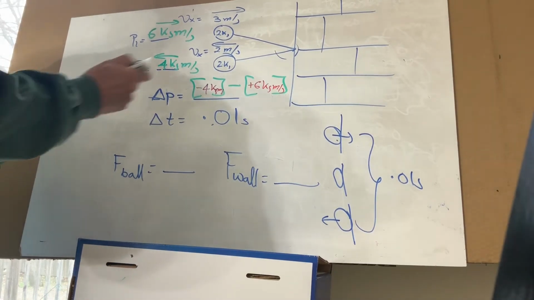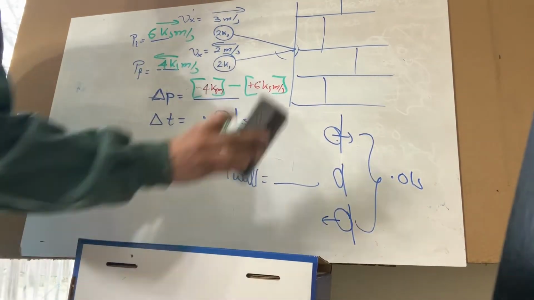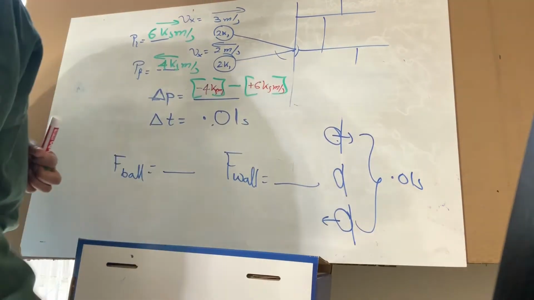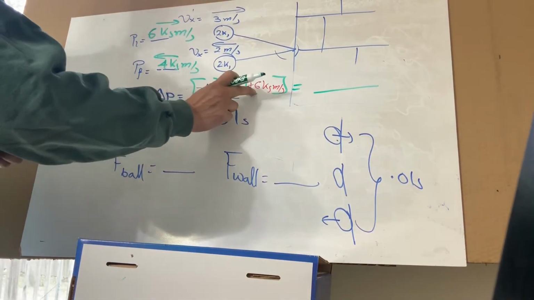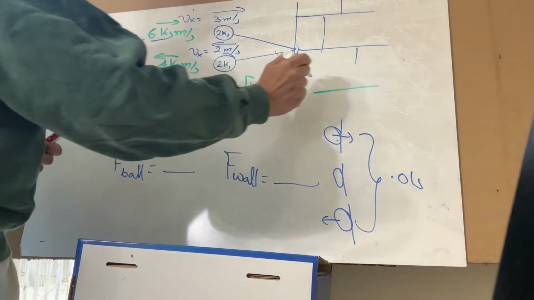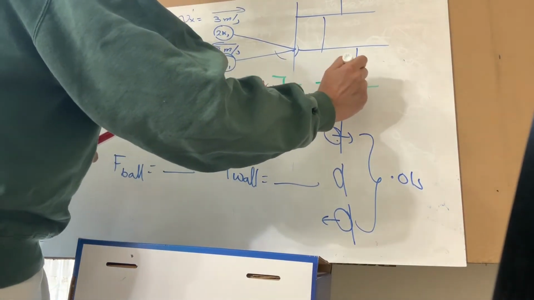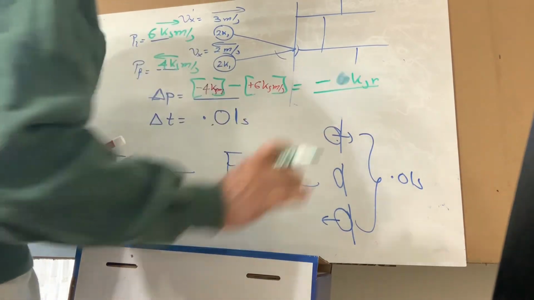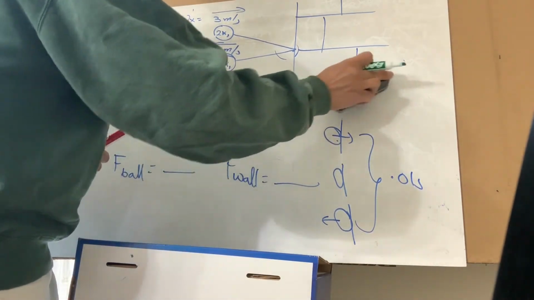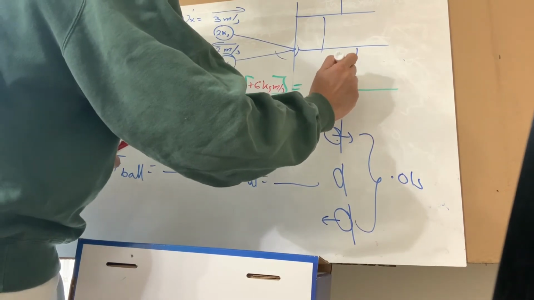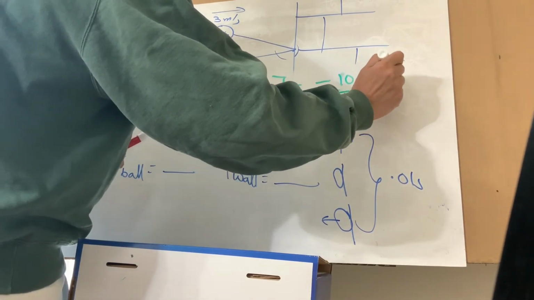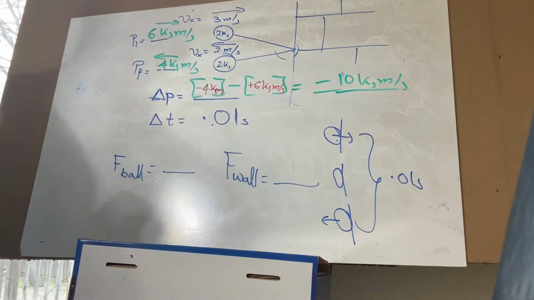So this answer, okay, I'm going to write it here. What is that? Minus 4 minus, this will be minus 6, minus 10, not minus 6. Okay, so it's going to be minus 10 kilogram meters per second.